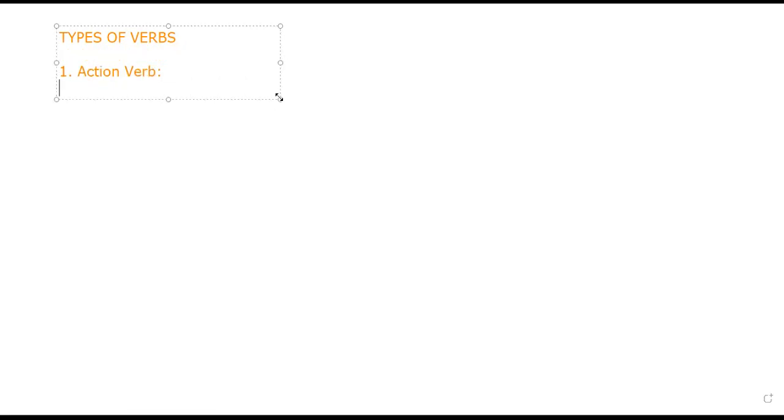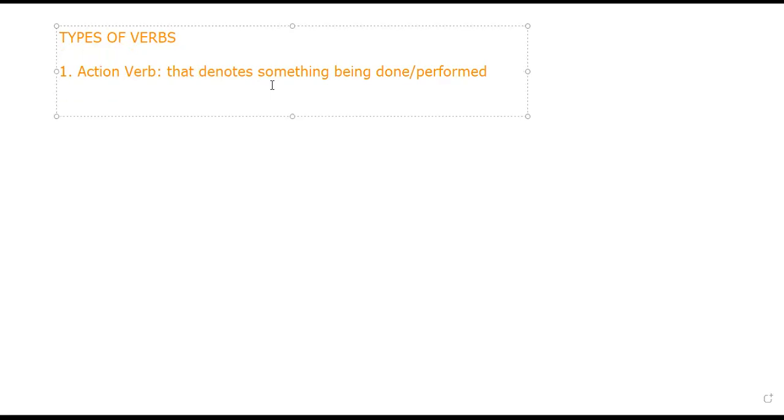Its definition you would probably already know: an action verb is the kind of verb that denotes something being done, an action being performed, a work being accomplished. The hint to remember is that you can actually picture it happening.